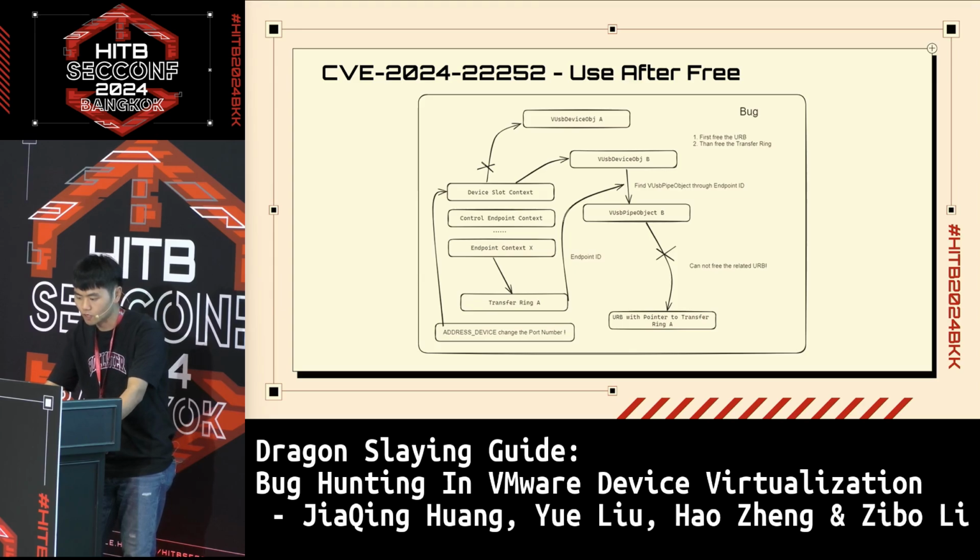Then we transfer URB data on those transfer rings. In the end, we use the reset device command on that device to modify the device port number. Now, if we try to release the transfer ring on that endpoint, it will fail to find the right VUSB pipe object and cause a UAF again.